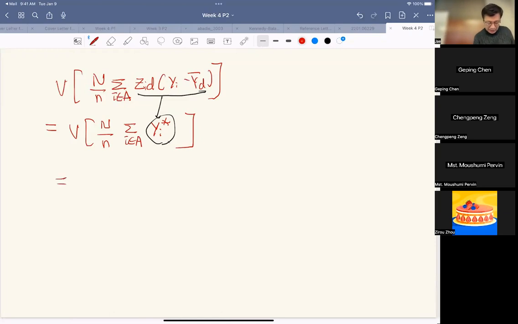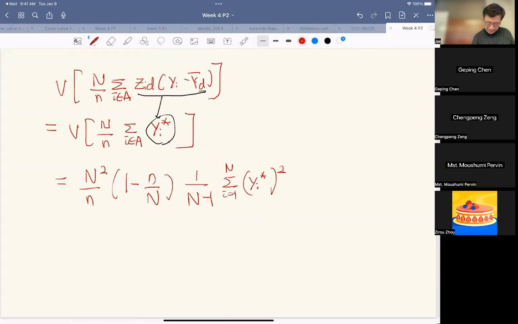Then this is N over n squared times 1 over n times 1 over n s squared.